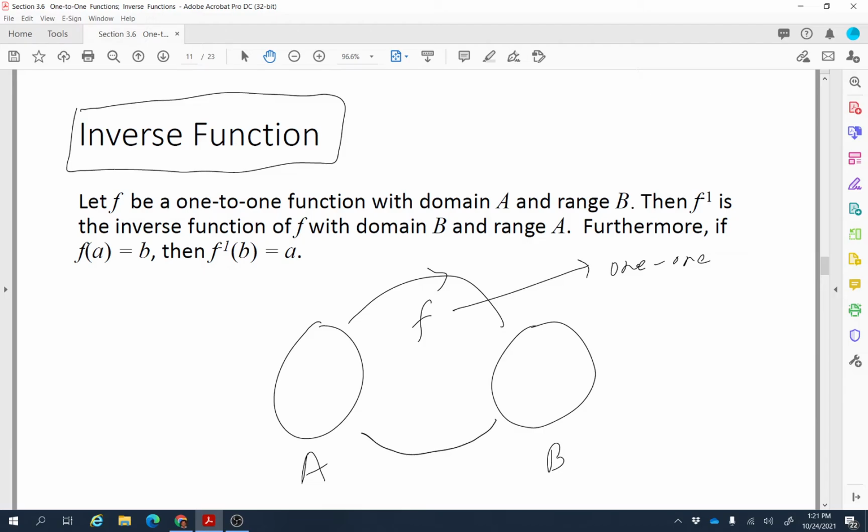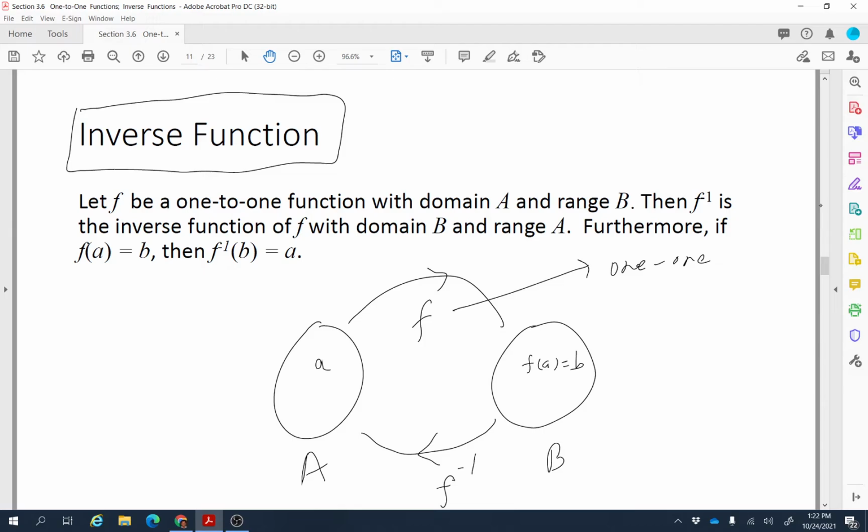Going back, the reverse process, the reverse of this function is denoted by f to the power -1, which is just a notation. So don't be confused by f to the power -1. It's just a notation for the inverse or reverse of this function. So the meaning is, let's say there is a, the value of the function at a is f of a, let's say that's b.